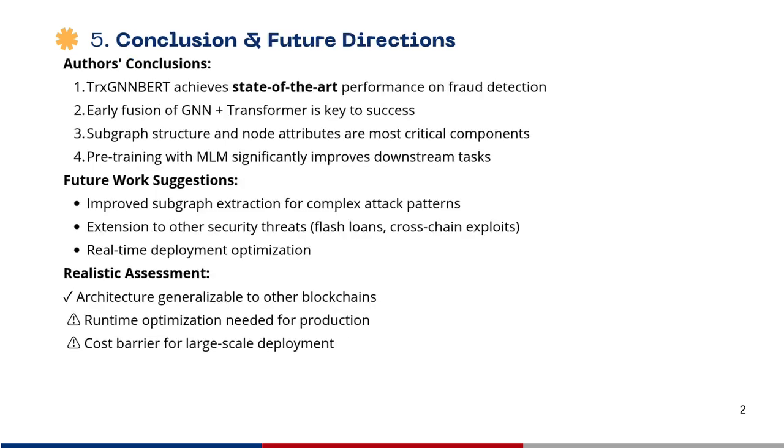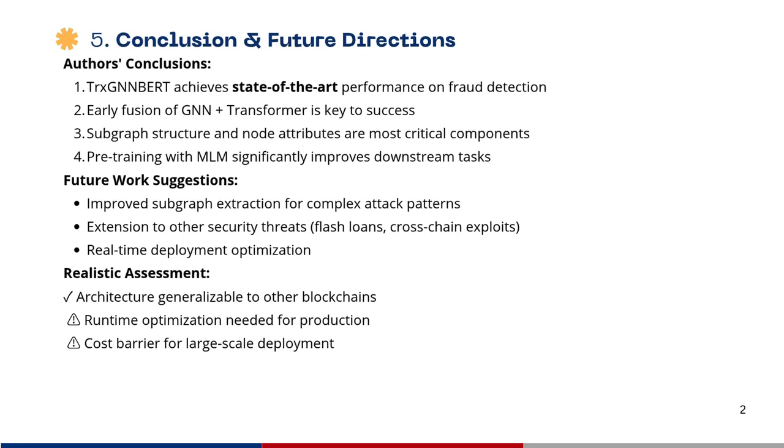TrxGNNBERT achieves state-of-the-art performance on DeFi fraud detection by addressing a fundamental challenge, combining graph structure and sequential patterns in a unified architecture. The key to success is early fusion of GNN and Transformer. By injecting structural information at the embedding level, both modalities interact deeply throughout the model, not just at the final layer.